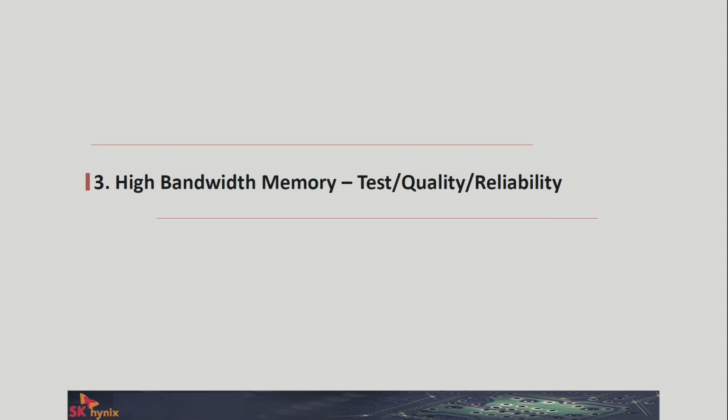So now let's switch over and talk about some of the features that allow customers to sleep at night, basically. This is a new device that hasn't been done in the memory industry. It sits in the same package as an ASIC, and oftentimes the ASIC can cost a lot of money.